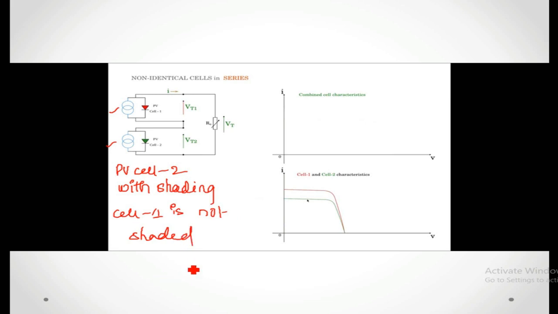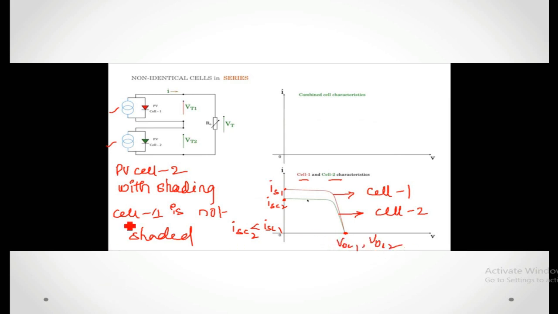If you observe the IV characteristics of cells 1 and 2, the red color one indicates cell 1 characteristics and the green color curve indicates cell 2 characteristics. ISC1 of cell 1 is greater compared to ISC2 because of the shading effect. ISC2, the short circuit current of the second cell, is reduced due to shading, but the VOC points are the same. So the ISC points differ because of the shading effect.